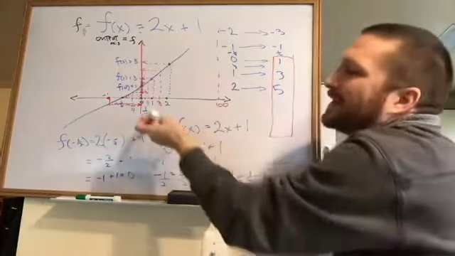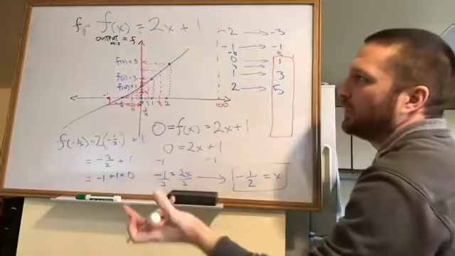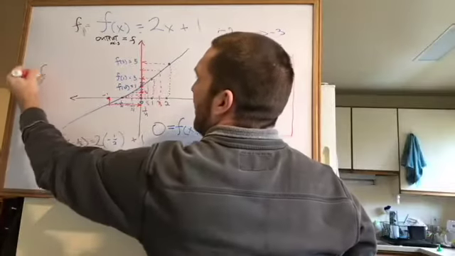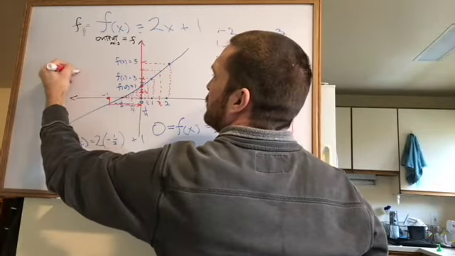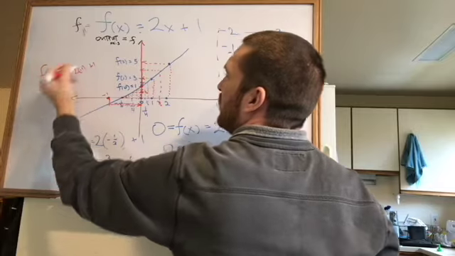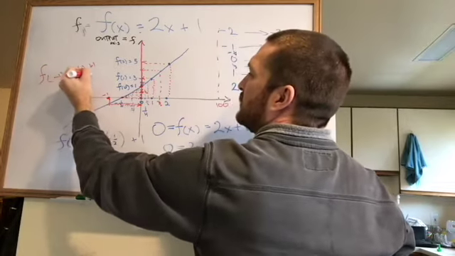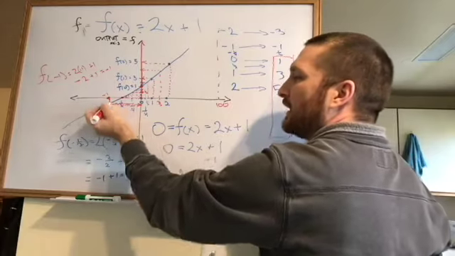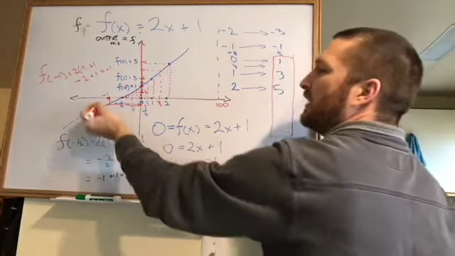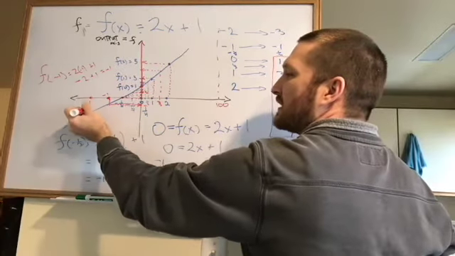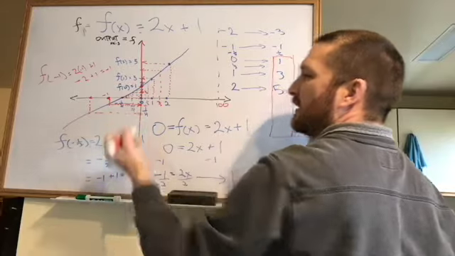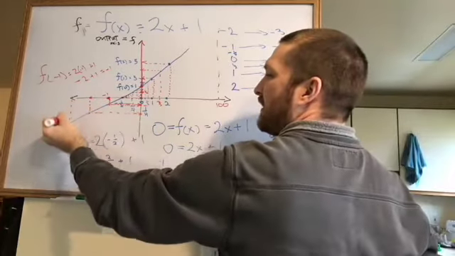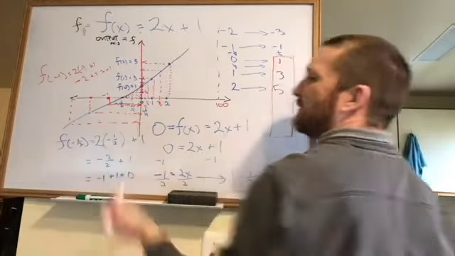And if we wanted to know exactly where that was, I could just plug in a negative 1. Say f of negative 1 is 2 times negative 1 plus 1. 2 times negative 1 is minus 2 plus 1 is negative 1. And so we can see, yeah, plug in a negative 1, you get out a negative 1. Go further down, and it's going to tell you to hit this number right there. Further down, it's going to tell you to hit this number right there.